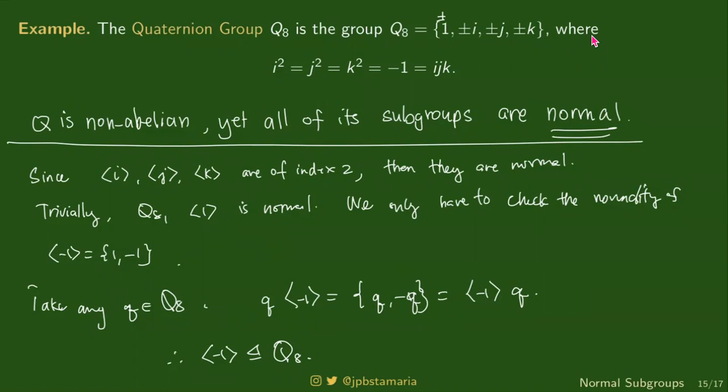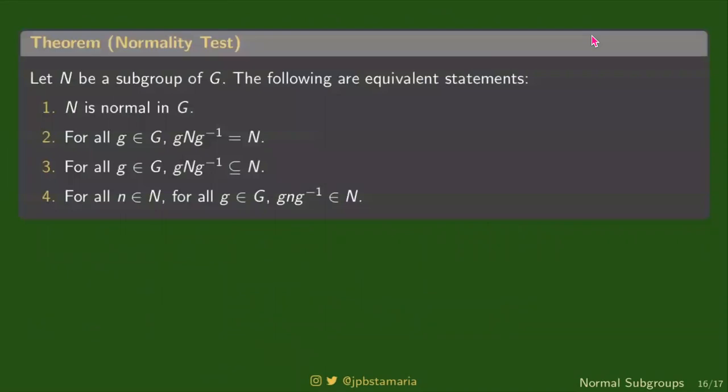Hindi ako nagbibigay ng random na example lang na walang connect. Kapag si Sir nagbigay ng example, pinag-isipan ko yung example na yun. I don't just give it nang wala lang. Normally, may mensahe akong gustong iparating.